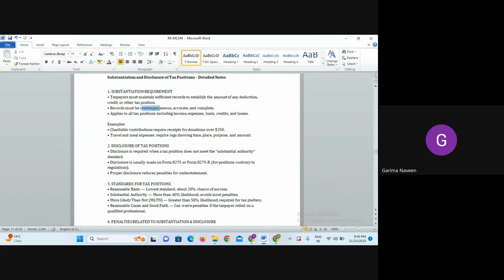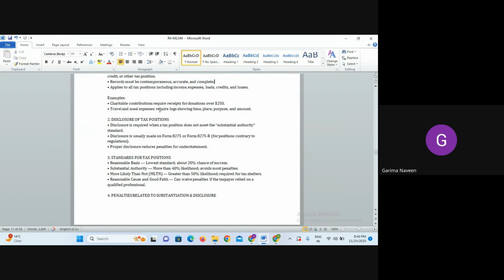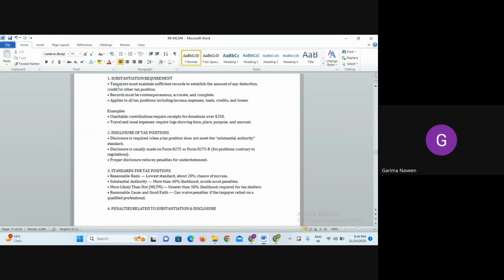Records must be accurate, complete, and contemporaneous. It applies to all tax positions, including income, expenses, basis, credits, and losses, whichever you are claiming in your tax return. So this is the duty of a taxpayer, that they should have these records available with them.